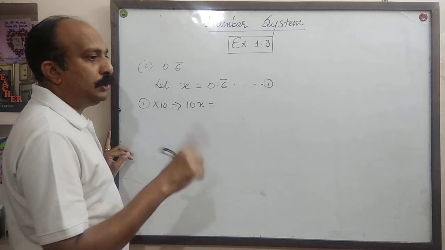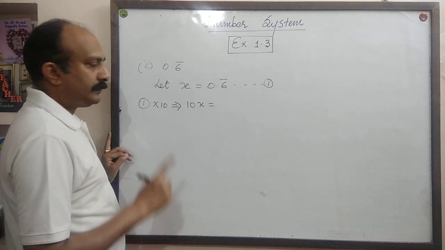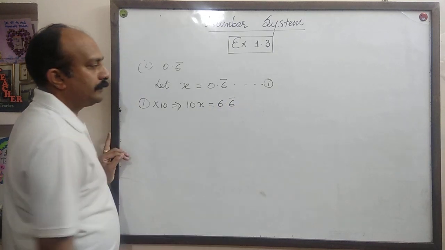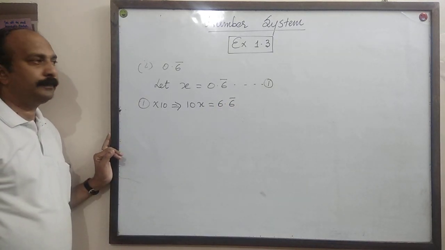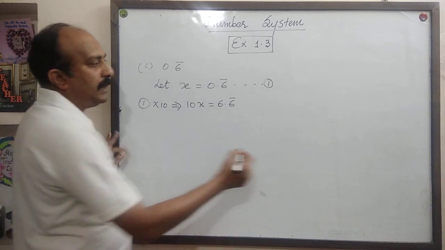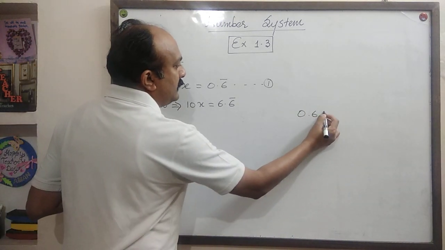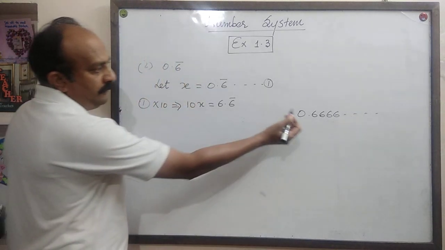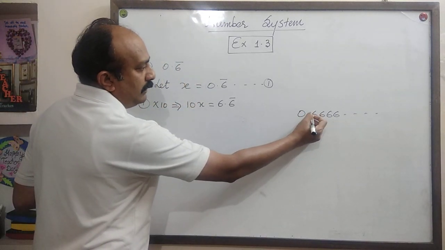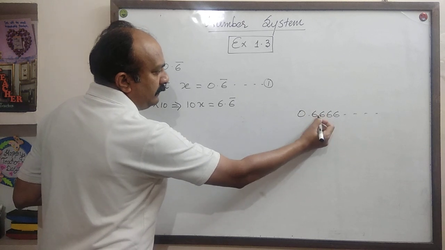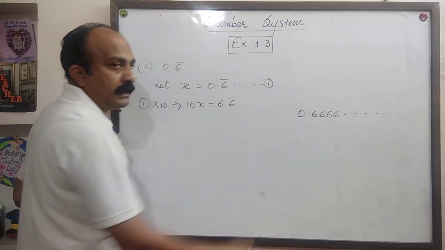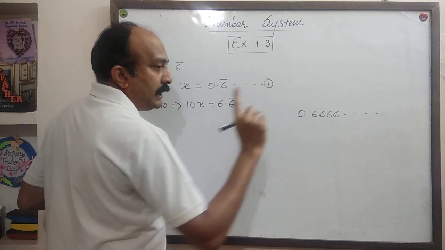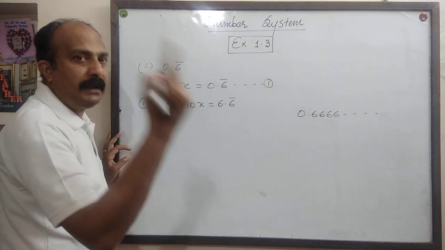0.6 bar into 10 will be 6.6 bar. Do you know how? 0.6 bar means 0.6666 up to infinity. When we multiply this by 10, what will happen? The decimal will shift one place to the right.